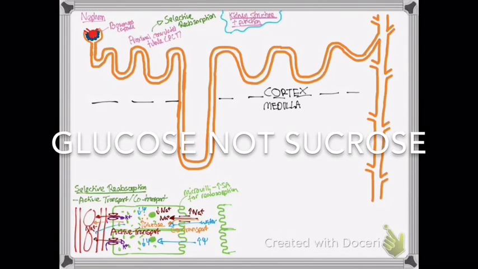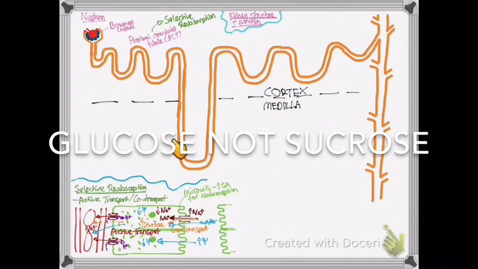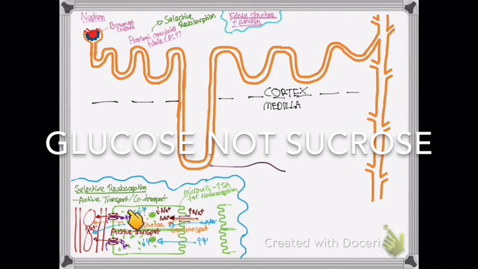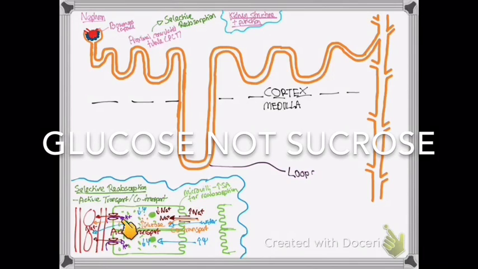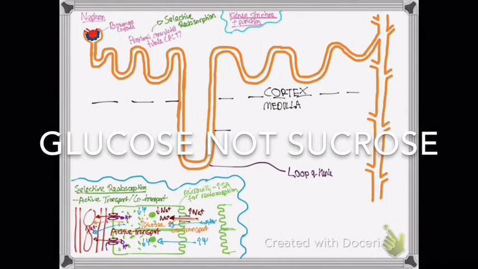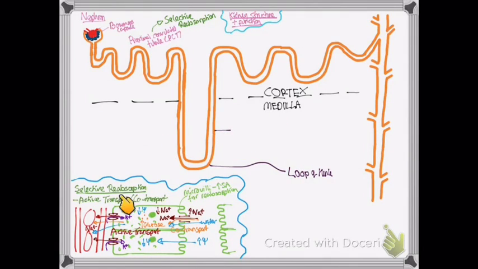Then the cell ends up having a higher water potential and a higher glucose concentration, as the blood flowing through our kidney has a very low water potential, remember, because we just did ultrafiltration at the Bowman's capsule. Therefore these capillaries have low water potential and low concentration of all these solutes. Therefore everything diffuses into the blood through the fenestrations of the endothelium.